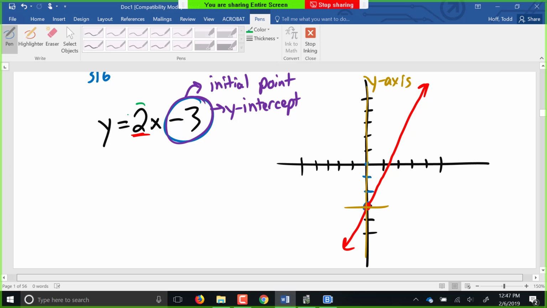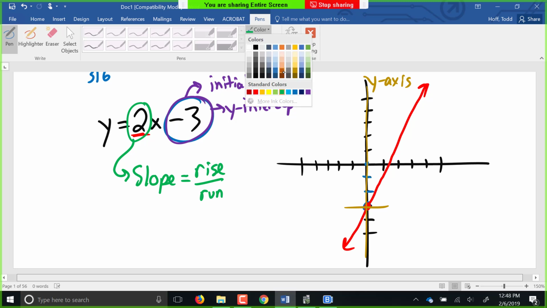This number that multiplies the x, that tells us how steep it is, is referred to as a slope. Now we're going to talk more about slope over the coming hours, but a slope is always a ratio. It is a rise over a run. Now you might be looking at that thinking, well, that's not a ratio.